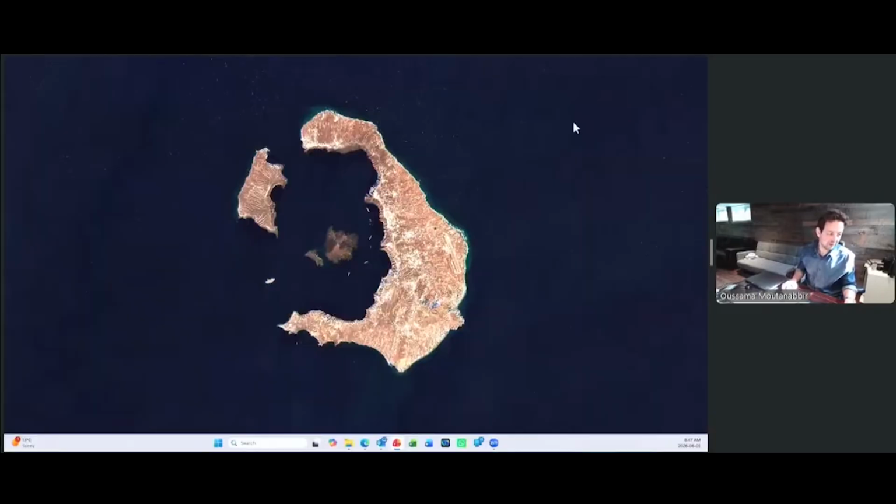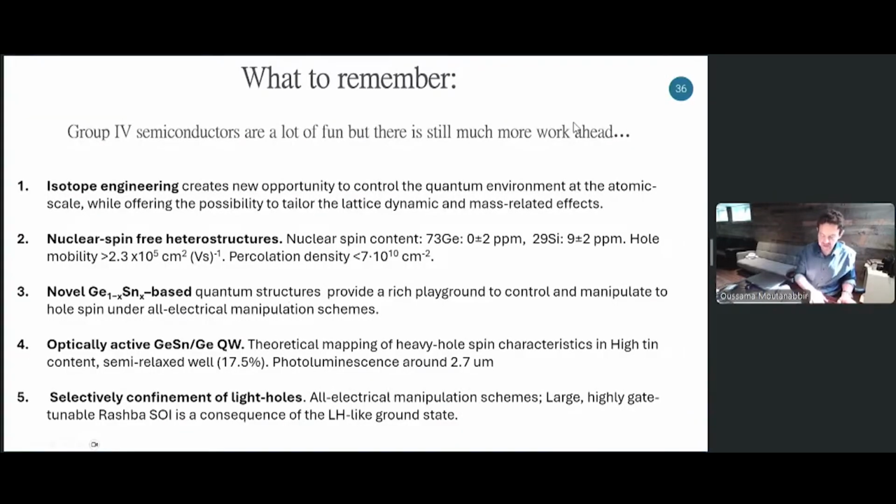As I said, I have a third section on light hole. I will skip it, and I will give you just the key points to remember. Group 4 materials: there is the technology argument that these heterostructures are compatible with silicon, but the fascinating aspect is you can play with these isotopes and push the growth to control these subtle effects, but also push the metrology to make sure that you have the capability to look at these subtle effects and measure them accurately.